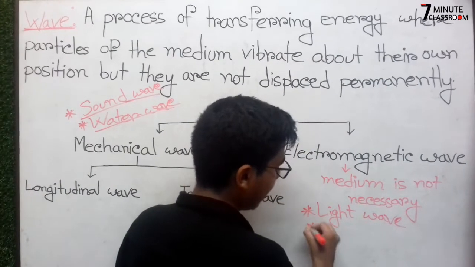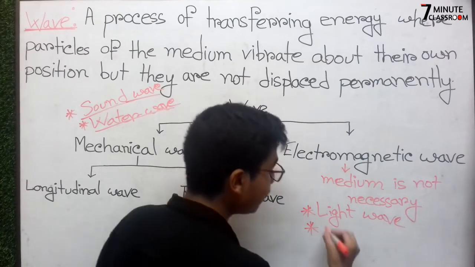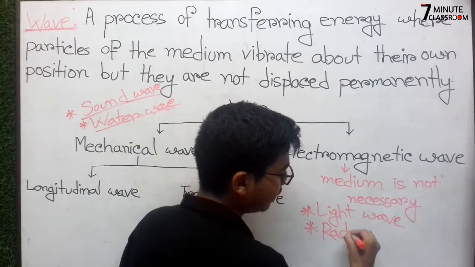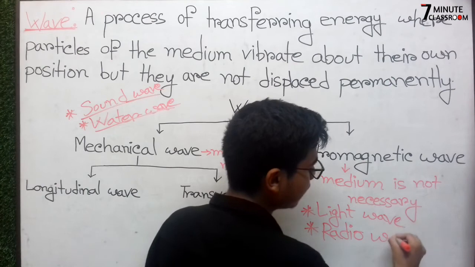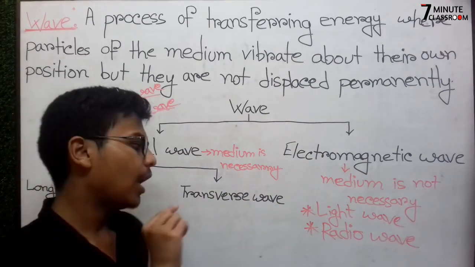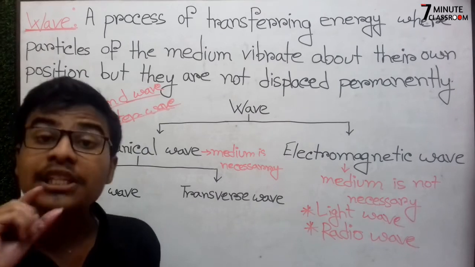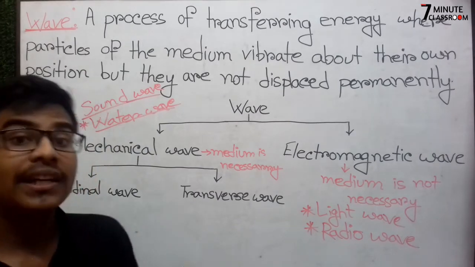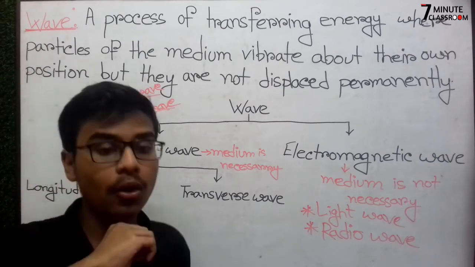Okay, then it can be radio wave. In radio there is no kind of medium needed. If in radio wave a medium was necessary, what could the medium be? It could be a long wire.